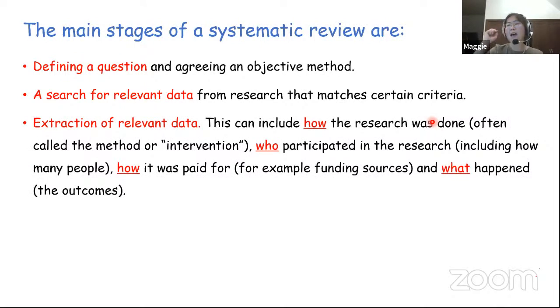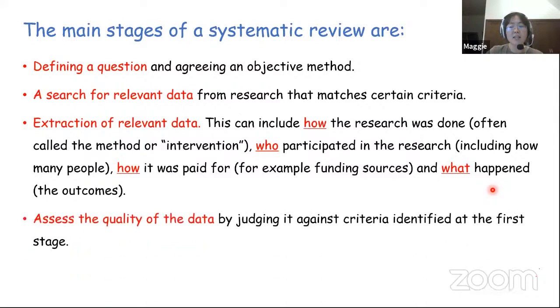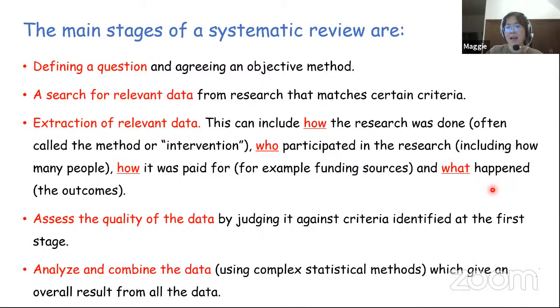This can include how the research was done, who participated in the research, how it was paid for, and what happened, what the outcomes are. So extract the key relevant data, and then assess the quality of the data using statistical models with the computer, and thus analyze and combine the data to get your conclusion, which gives an overall result from all the data. That's the meta-analysis or systematic review.